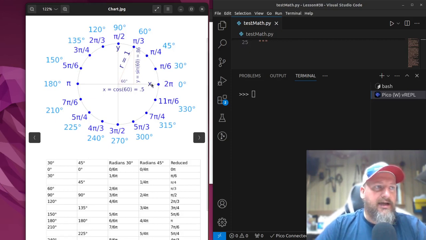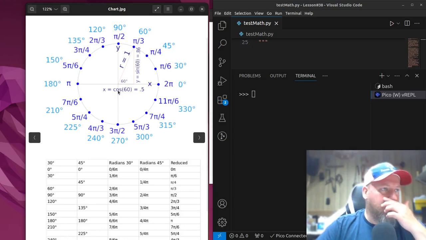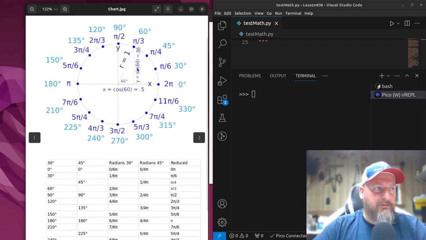Everything on the right and left of this horizontal line is part of the x-axis. Everything up and down that intersects the origin is the y-axis. It's vertical. The numbers around the circle, we're going to get to in a little bit. Right now, we just need to focus on the x and y because that's what we're going to be using.